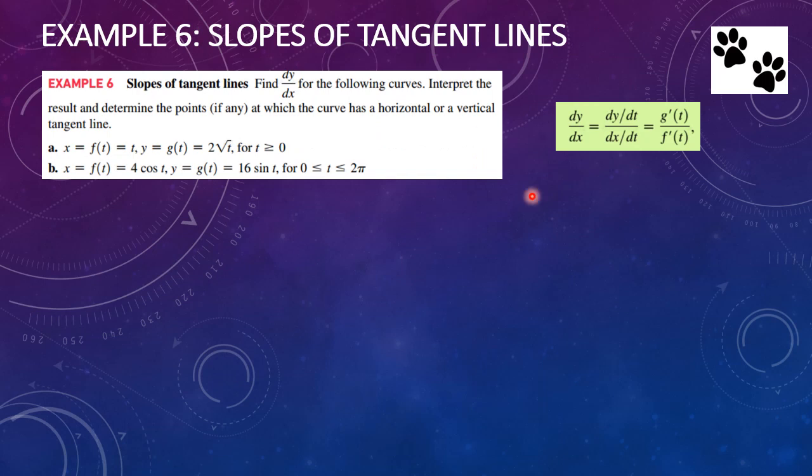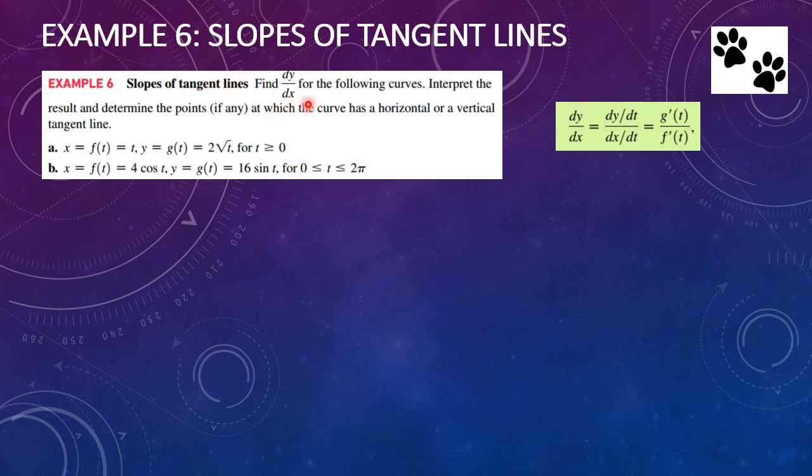So let's see how we can do this in an example. Let's look at example 6, slopes of tangent lines, and recall from what we just learned that the derivative of y with respect to x is the derivative of y with respect to t over the derivative of x with respect to t, or the derivatives of each of our parametric equations in a ratio.